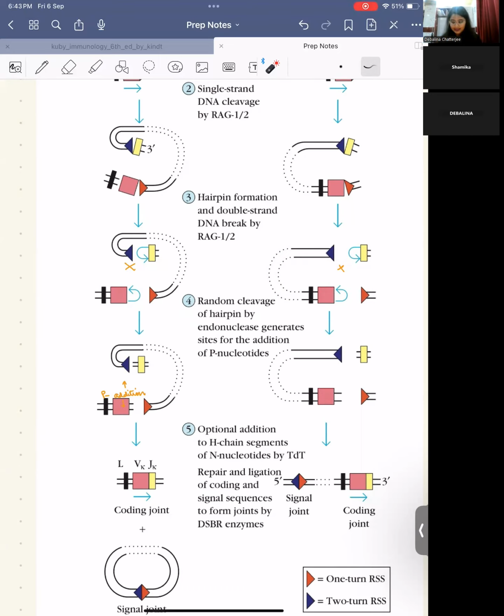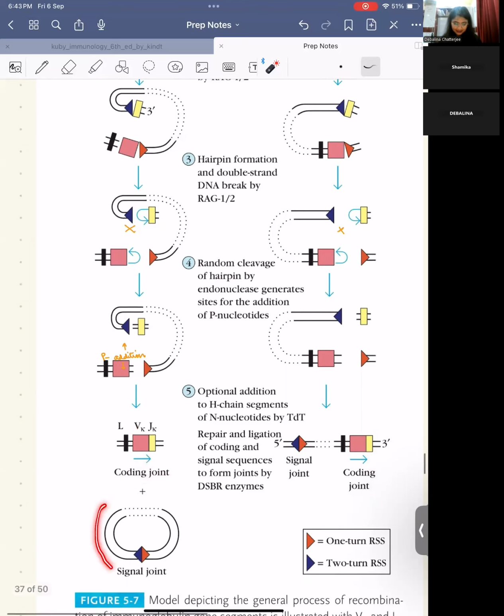The ultimate result is, when you see here and here, we have a coding joint formed between the V and J region, but this entire thing, the signal joint, is completely excised off in a separate loop. But here we have the signal joint associated along with this coding joint, because the cleavage happens in this manner that doesn't entirely excise the signal joints, right?